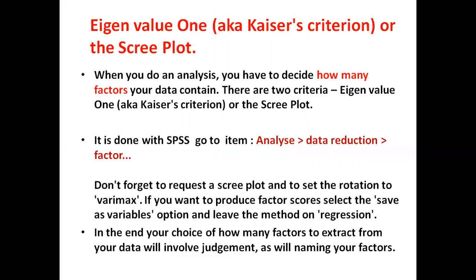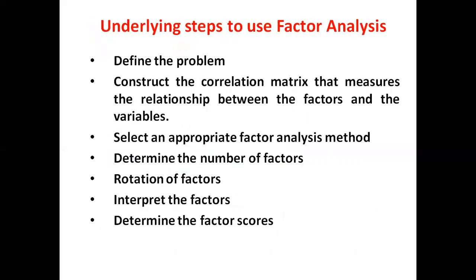So in the end, your choice of how many factors you extract from your data will involve judgment, as well as naming your factors, of course. And you can interpret your data with these factors. So these are the underlying steps to use factor analysis, which I have explained one by one.